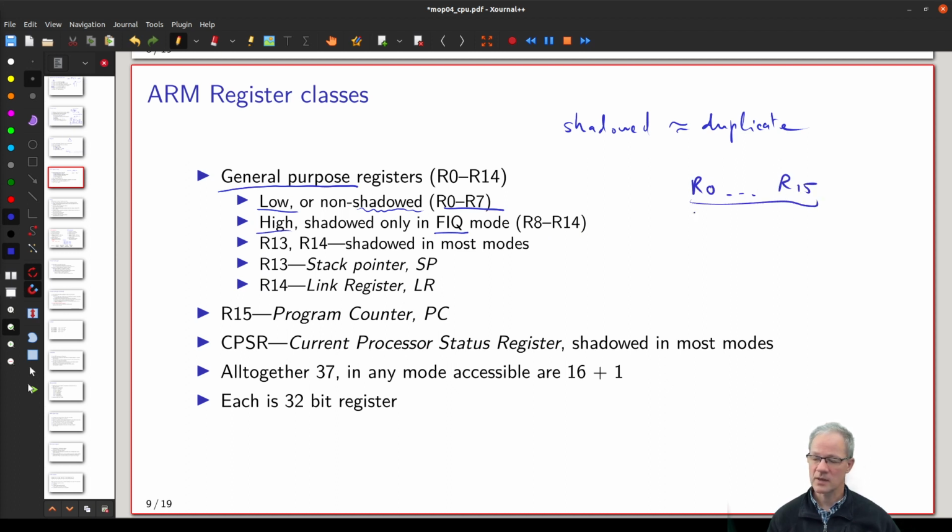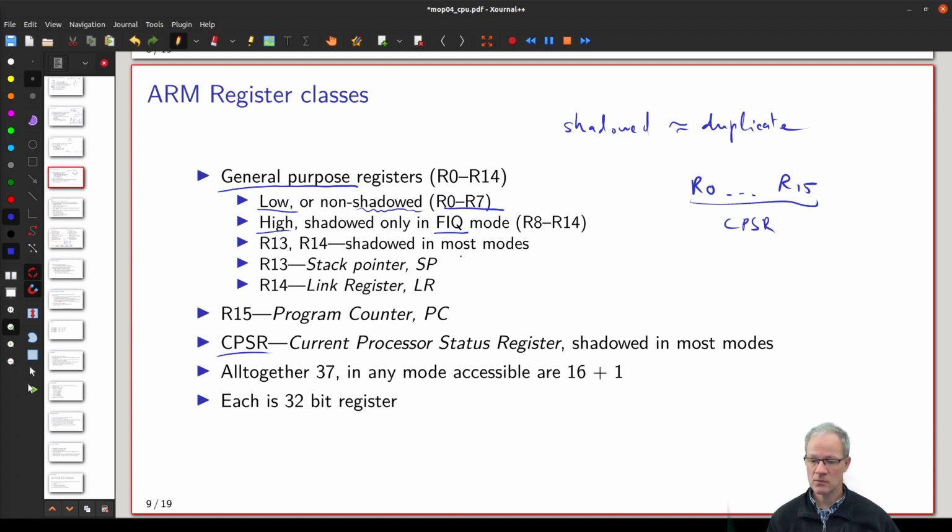That's all the registers we're going to use in this class, plus the so-called CPSR. I'm going to talk about that in a moment. Then you have the 13th and 14th register shadowed in most modes. Whatever that means, it doesn't make much sense right now, I suppose, but that's okay.